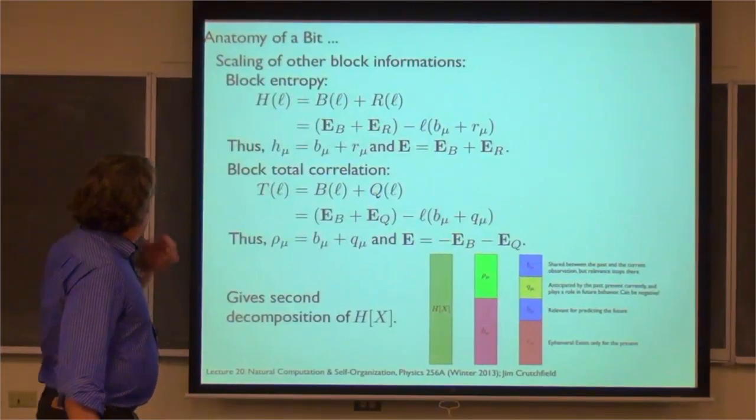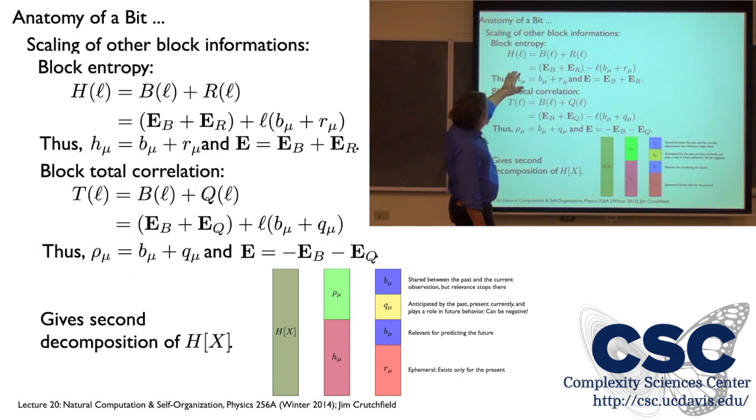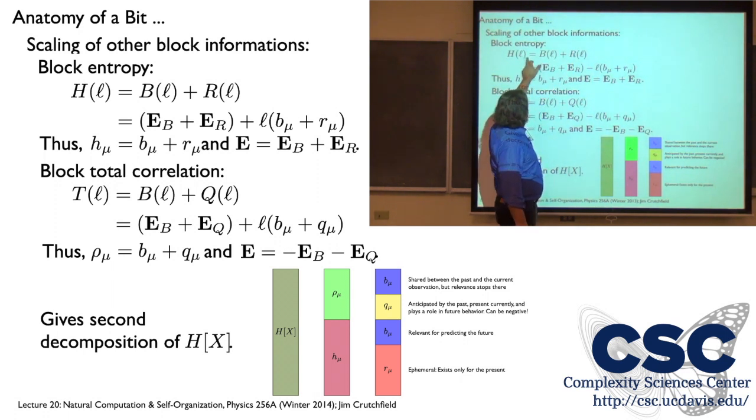So let's look at, just compare block entropy and block total correlation. Well, one of these identities is that H of L is bound information plus the residual. Given the previous definitions, we have their own little offsets. These offsets in the linear asymptote, I mean, giving them bold E to indicate there's some relationship to excess entropy.